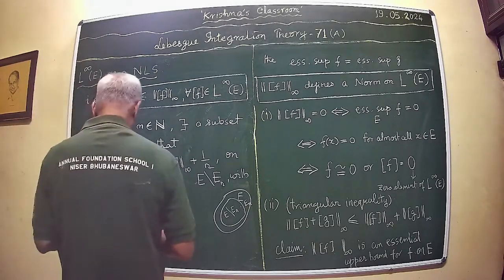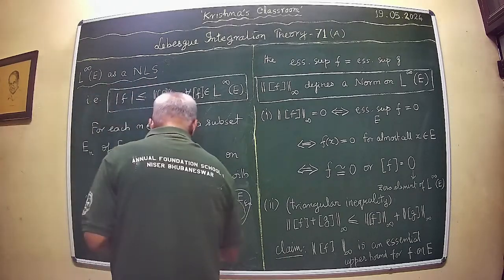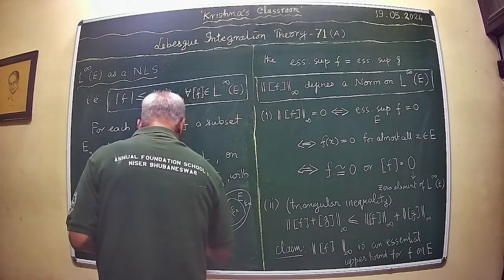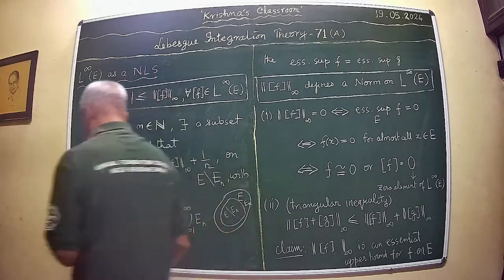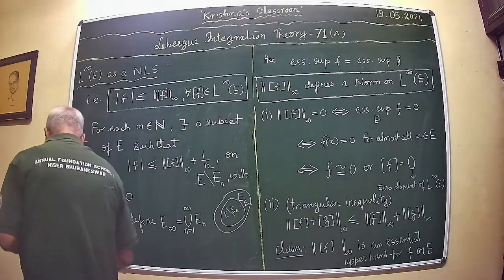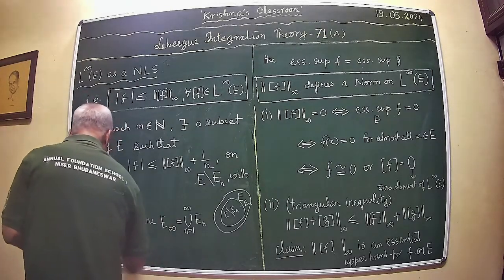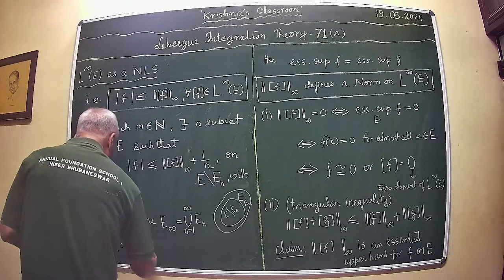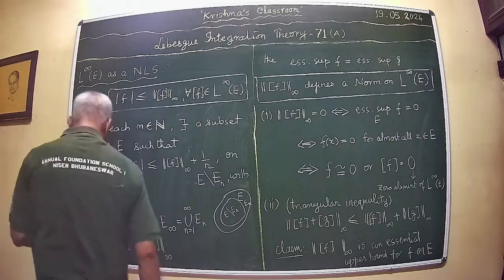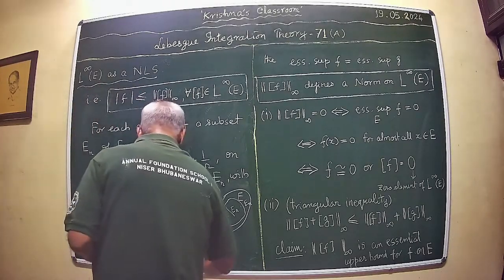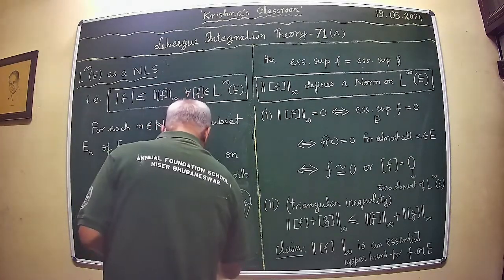Hence, if we define E infinity to be equal to the union of the En, then we have mod f is less than or equal to the essential supremum on E minus E infinity.